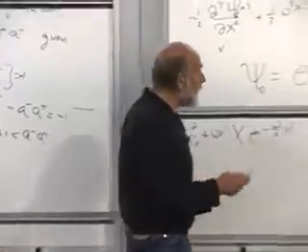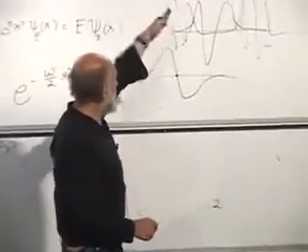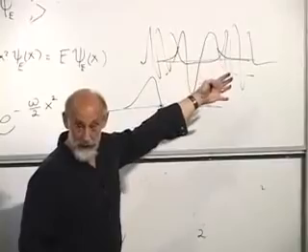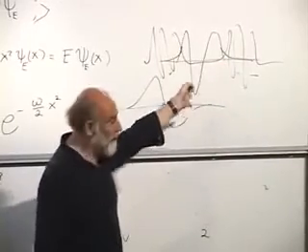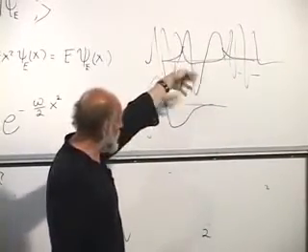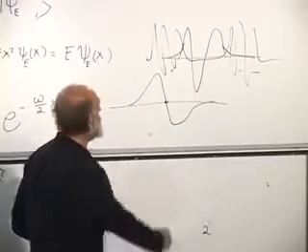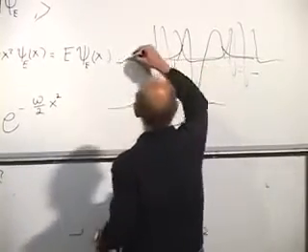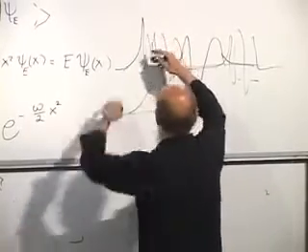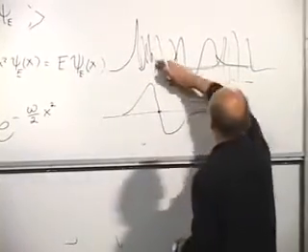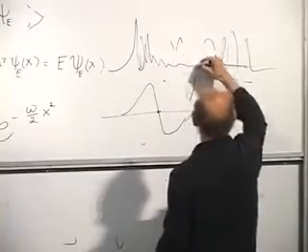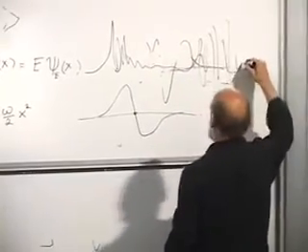The whizzing back and forth means there are going to be short wavelengths in the problem. The harder you hit it, the more large momentum there's going to be in the wave function. What's more, it's going to spread out. It's always going to be asymptotically small, but it will spread out and do things like this.